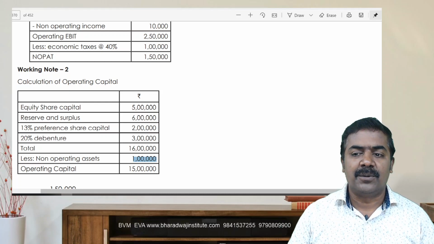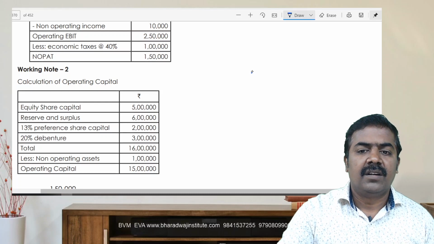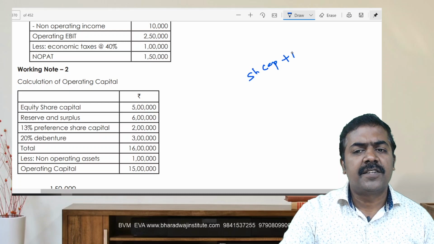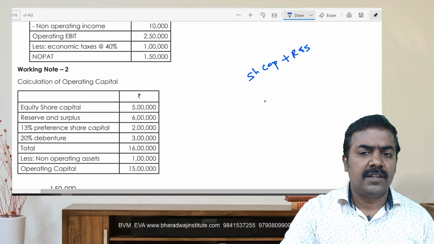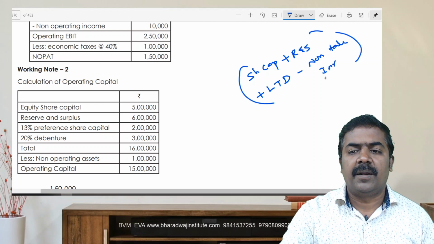When you take the liability route, it is simple: share capital plus reserves and surplus plus long-term debt minus non-trade investments. This is the liability route of working out capital employed.